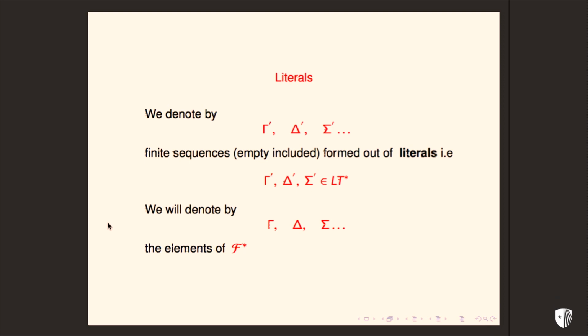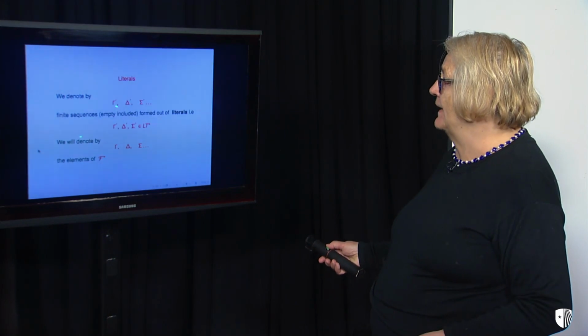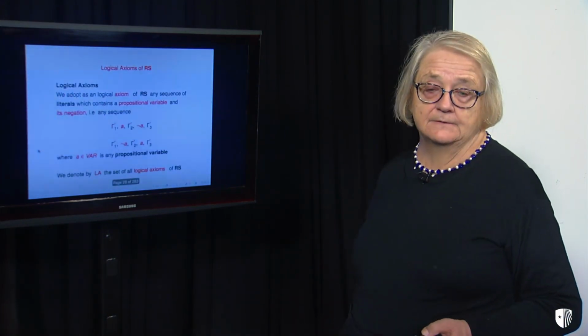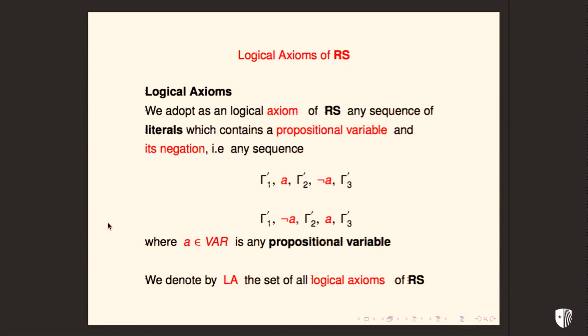Otherwise, if you don't put the prime, they can be any formulas. Of course, literals are formulas, but here they must be only literals. And the logical axiom, as I said, is really one axiom. It looks like this: if you have a sequence of literals which contains a variable and the negation of that variable, it is our axiom.